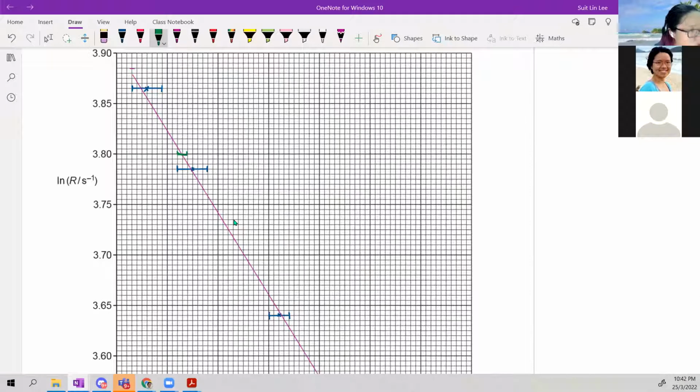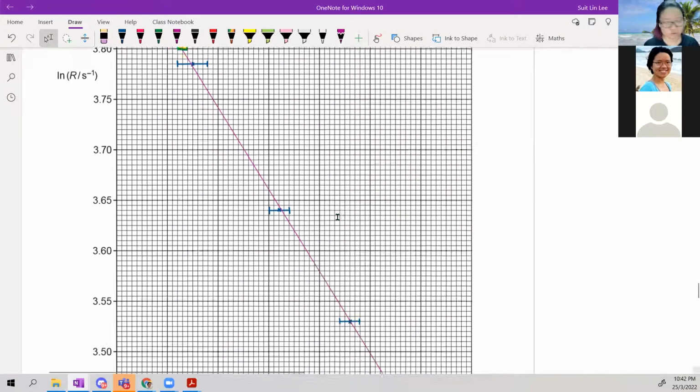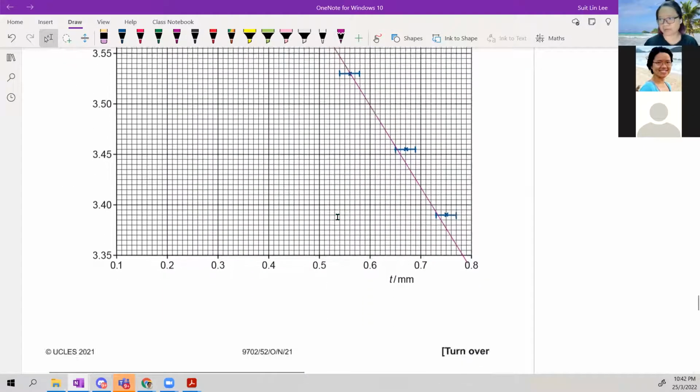So if your line passes through this bracket on the upper end, and then at the lower end at exactly 3.5 it passes between 0.6 and 0.62, it is acceptable. So my answer to your question, are they very strict, is kind of.